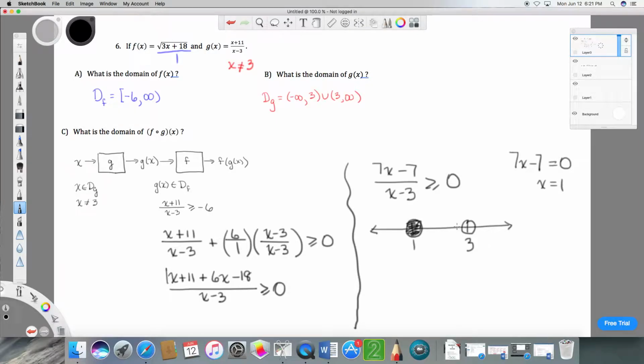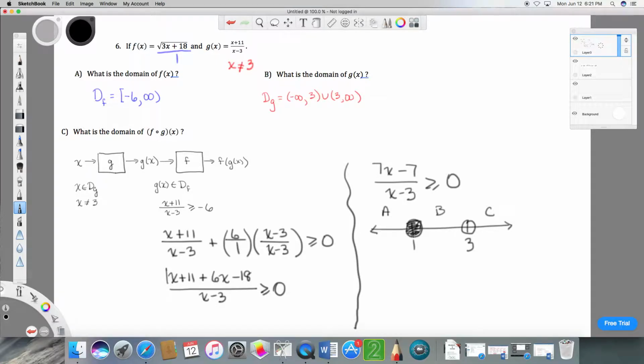So these two numbers divide this number line into 3 regions, A, B, and C. If I pick a test point from each region and test it in this inequality, if it's a true statement, then every number in that region will be true, and I'll shade in that region. If it's false, every number in that region will be false, and I won't shade it.